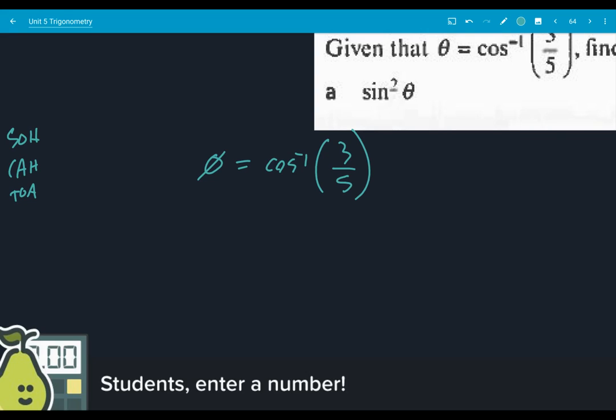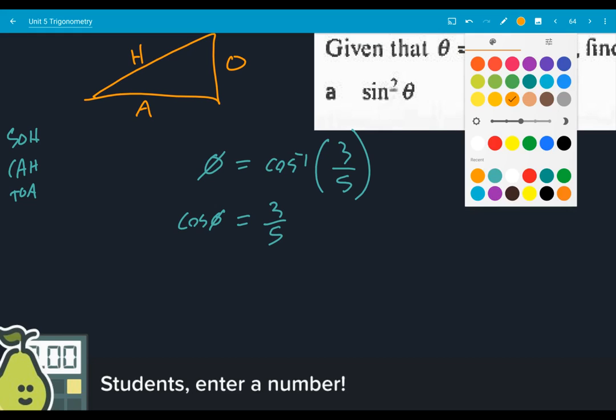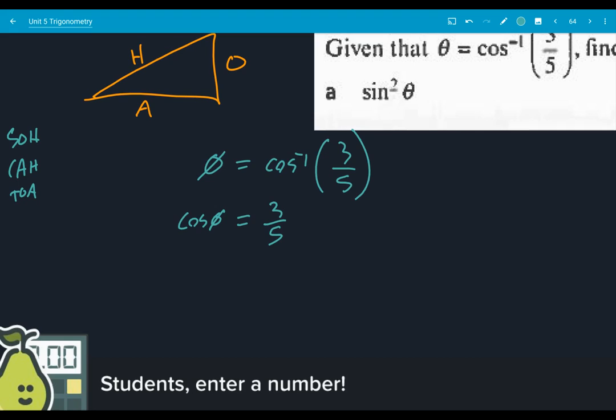To undo an inverse, you take its function. So cosine of theta is equal to 3 over 5. We know cosine is A over H. So if we think of a triangle with A, H, and O, in our case, A is 3, H is 5.